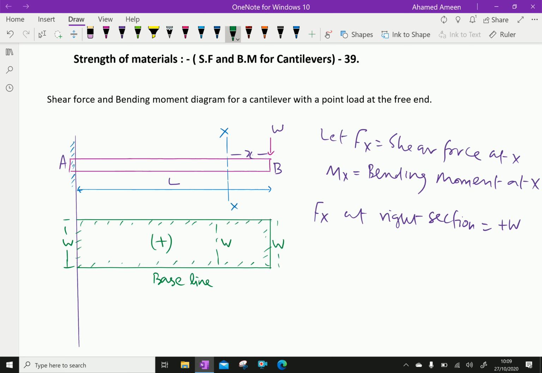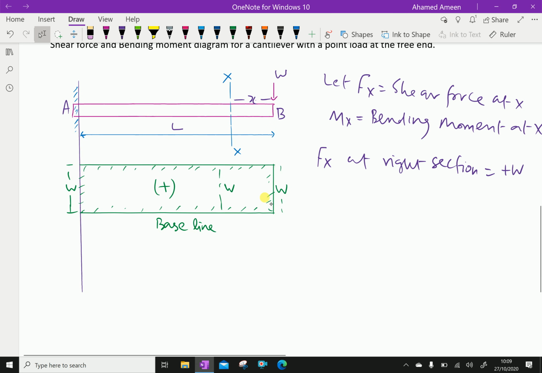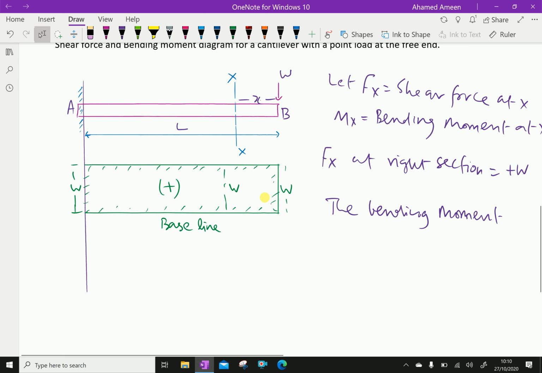Now let us discuss the bending moment. The bending moment at section XX is Mx equal to minus W into x distance.